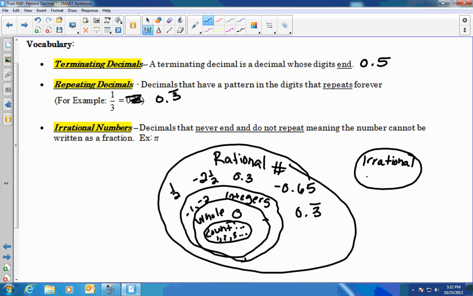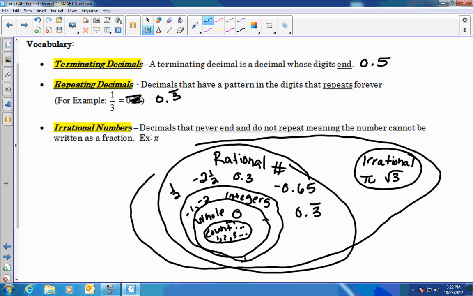For example, pi, and there's also some square roots that do not repeat as well. So again, we'll talk about this a little bit later, but right now we're going to be dealing with these rational numbers. Together, these two sets, sorry, my circle's not very good, make up what we call the real numbers.